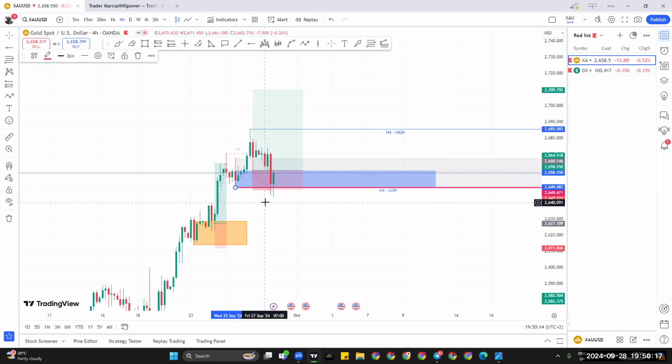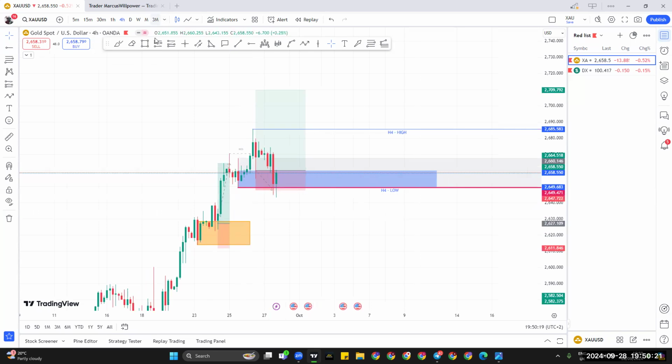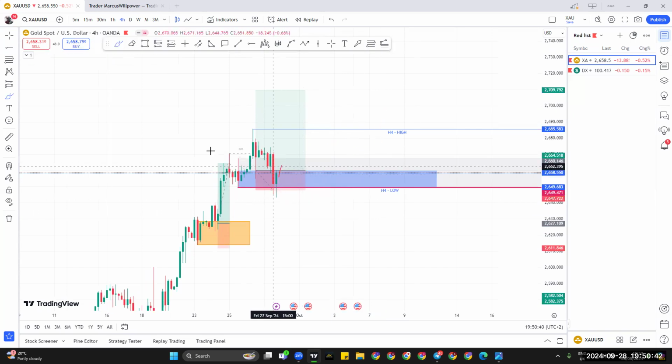So there are two possible movements, right? The first one could be that the market can just play around above the structure or above the previous low and then start creating movements to the upside. So where will I be looking to take advantage of the market if it does that?